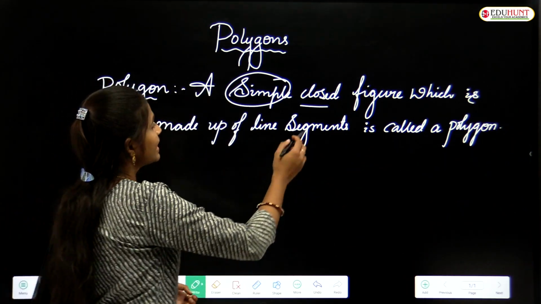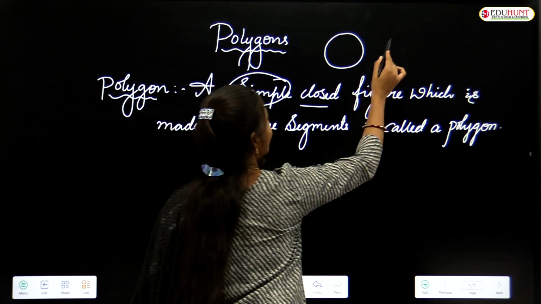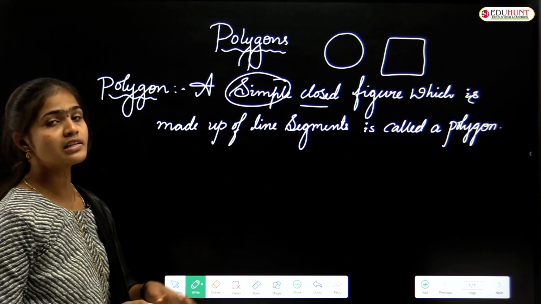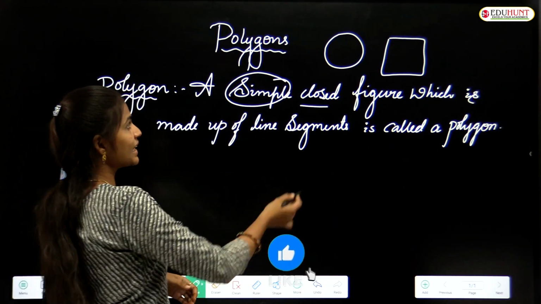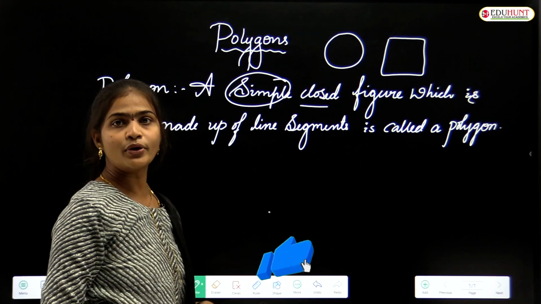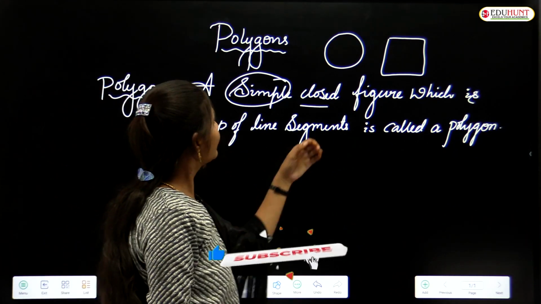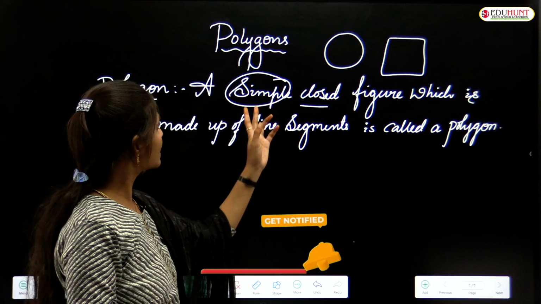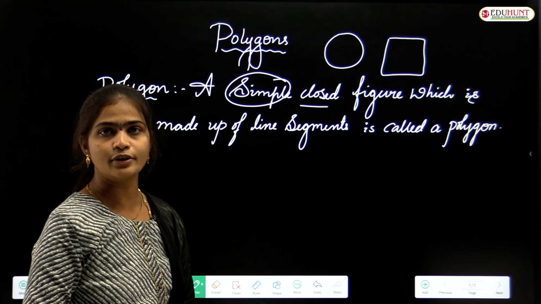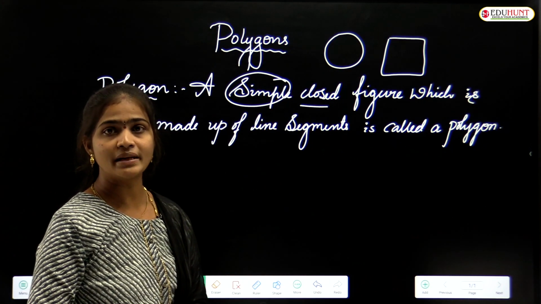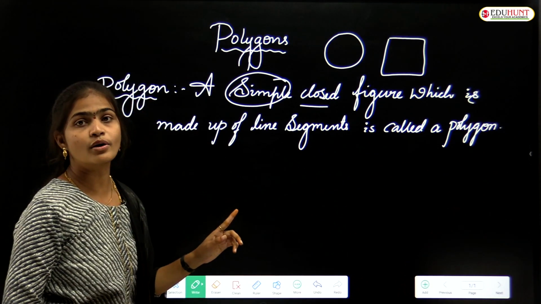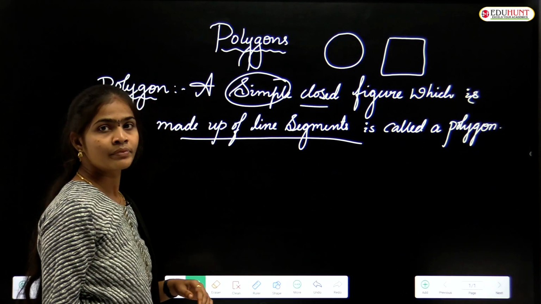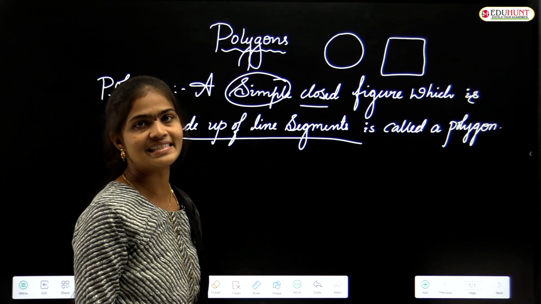Why? Because here, see, this is also a closed figure and this is also a closed figure. Yes or no? Those two pictures are closed figures only. This circle has its starting point and ending point the same, and this figure also has its starting point and ending point the same. So we can say those two are closed figures only. But a polygon means a closed figure or a simple closed figure which is made up of only line segments.